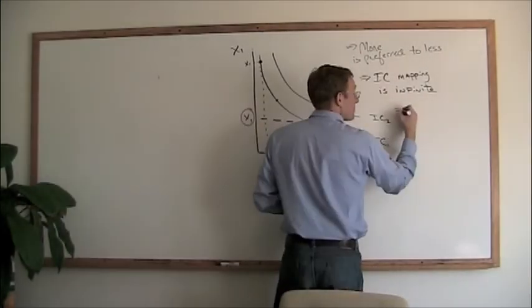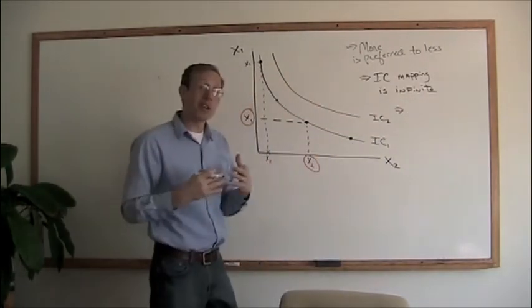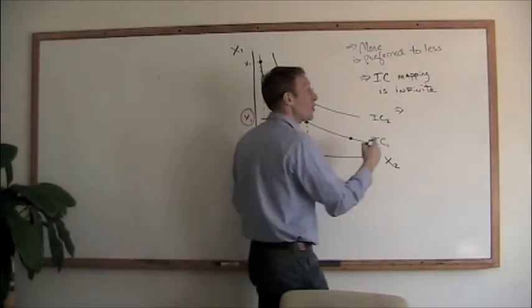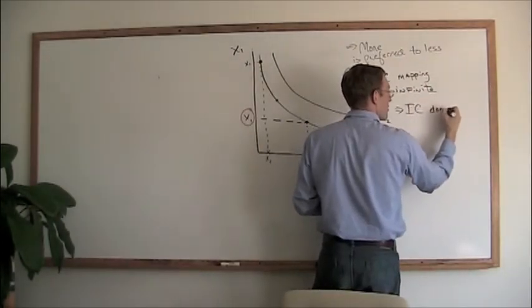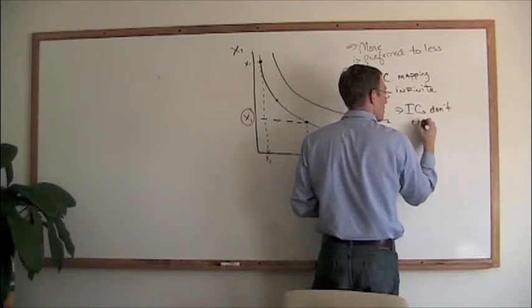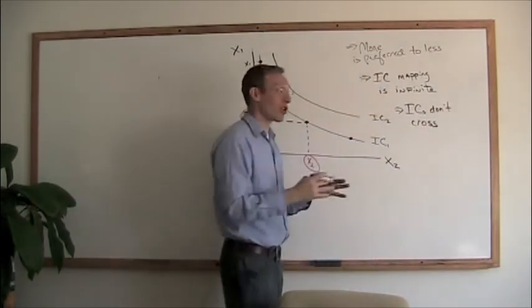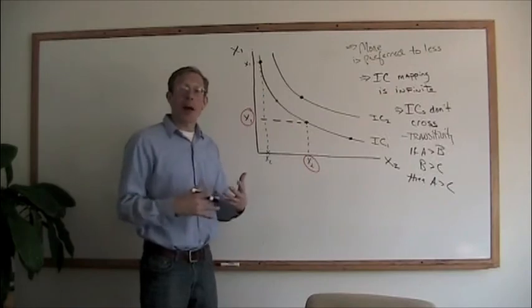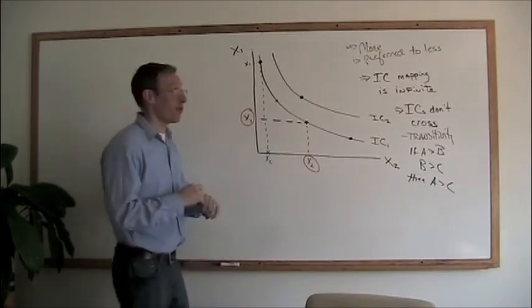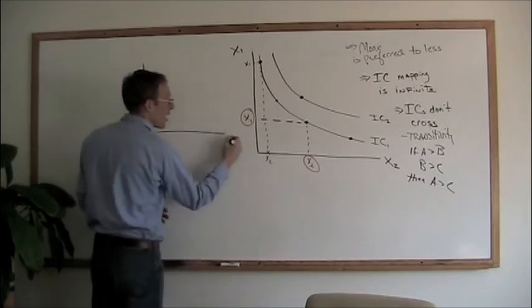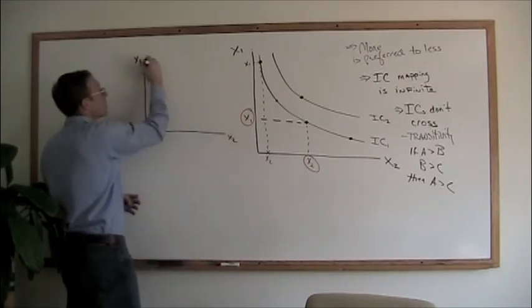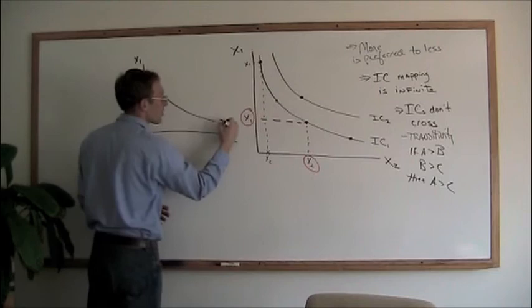A third assumption that we make about indifference curves is that they do not cross. Let's see what happens if the lines do cross. What's the problem here? Well, here we have a set of indifference curves that cross.